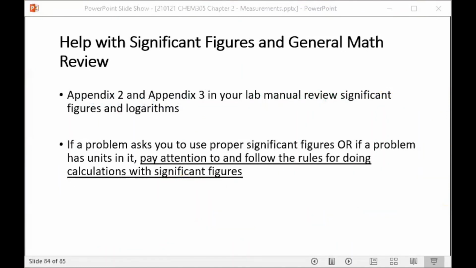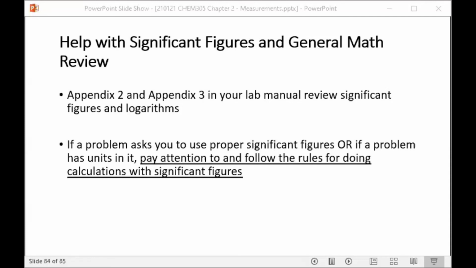Okay, so some general help with sig figs and math review is in your lab manual in Appendix 2 and Appendix 3. There's a 1 or 2 page sheet on reviewing significant figures as well as logarithms and exponents. And just remember, if a problem asks you to use proper sig figs, or if a problem has units in it, you have to pay attention to and follow the rules for doing calculations with significant figures.